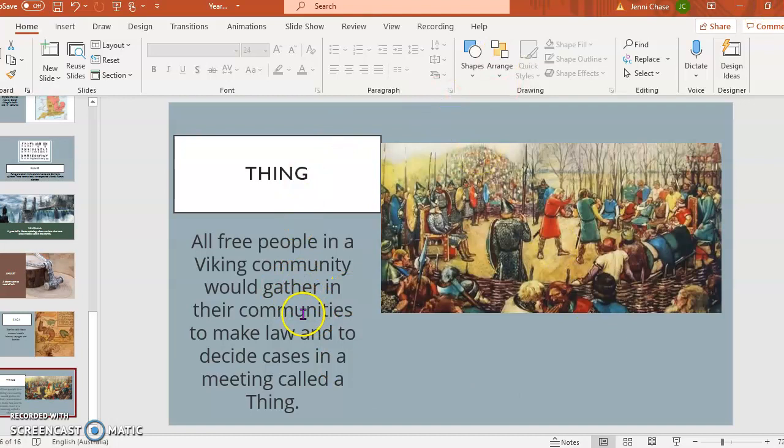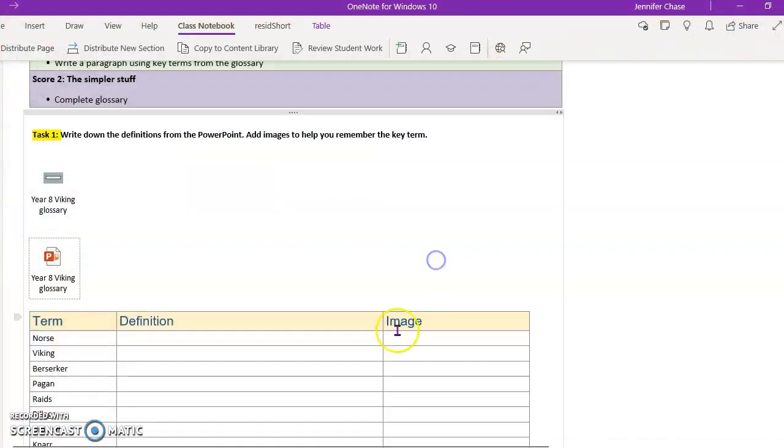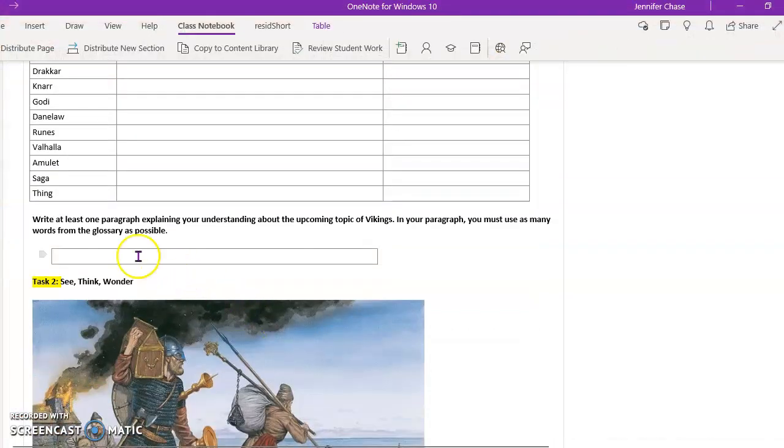You just need to make sure that you get those down. Obviously, you can use the images from here if you want, or find your own. Once you've done that, you need to write a paragraph explaining your understanding of what we're going to be learning about in the upcoming topic of Vikings. I want you to try and use as many words from the glossary as possible.